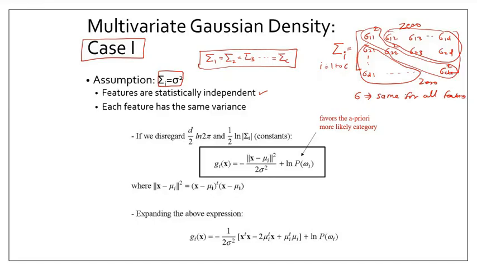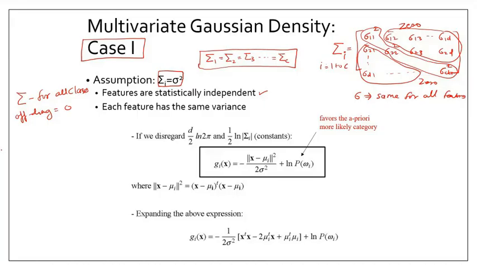There are so many assumptions in case 1, so as to have a very simplified version of the g of x equation. So what are the assumptions here? The covariance matrix is the same for all classes. Sigma is the same for all classes. Then features are statistically independent. That means off diagonal elements are equal to 0.